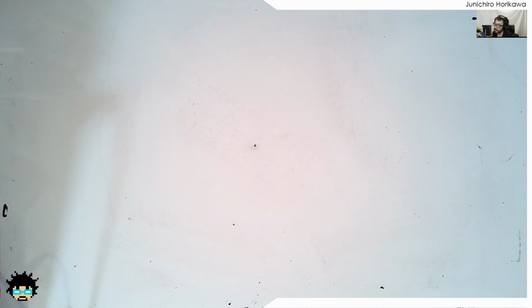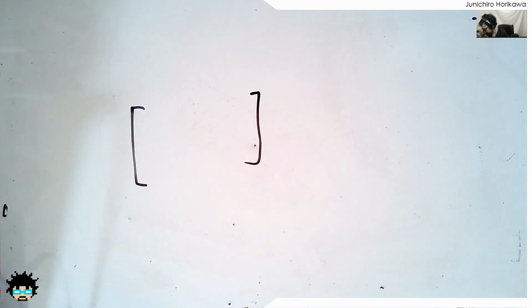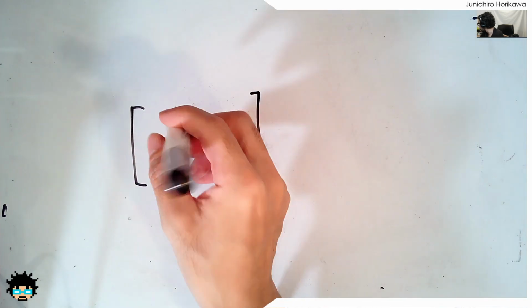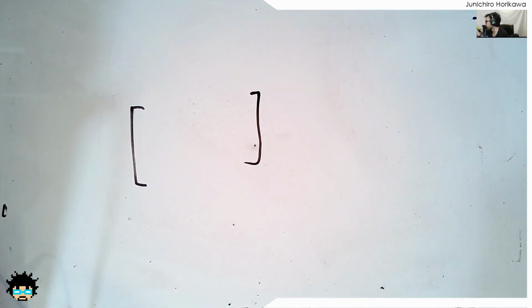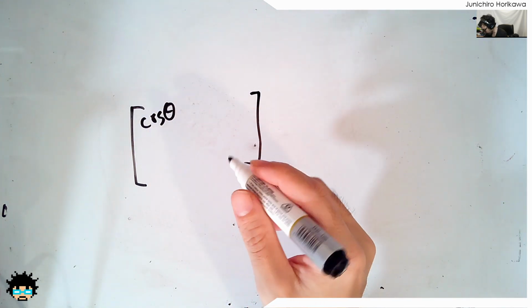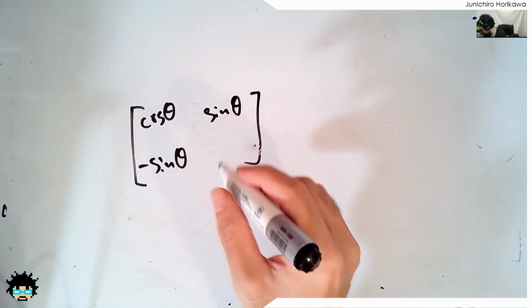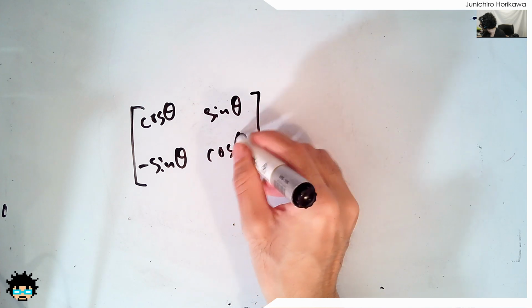Now the expression for the rotation in a matrix is a bit too complex to show in Sketch, so I'm going to show you a basic example using a 2x2 matrix, which can be used to do a 2D rotation. So a 2x2 matrix looks like this, and when you want to rotate the coordinate by theta, it looks like this: cosine theta, sine theta, minus sine theta, and cosine theta.